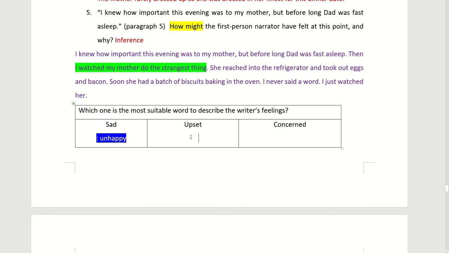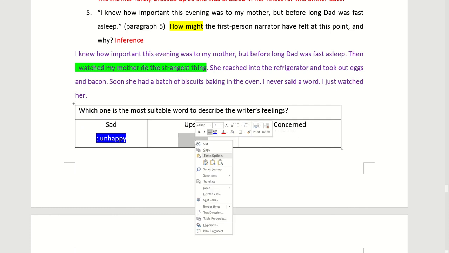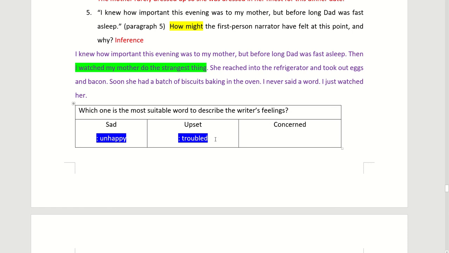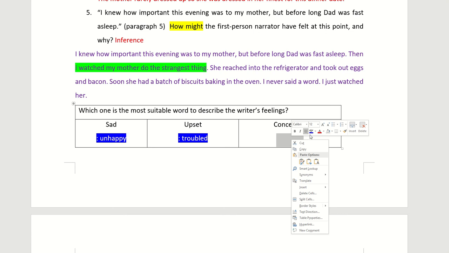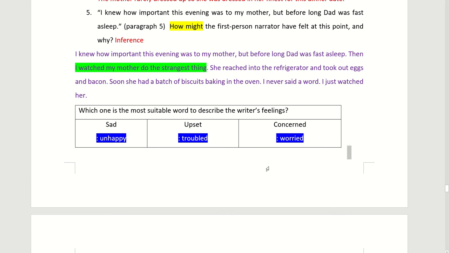Sad means unhappy. What does upset mean? Upset means troubled. What does concerned mean? Worried. So, looking at this paragraph, which one is the most suitable word to describe the writer's feeling at this point in time?